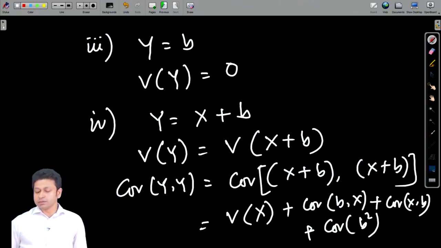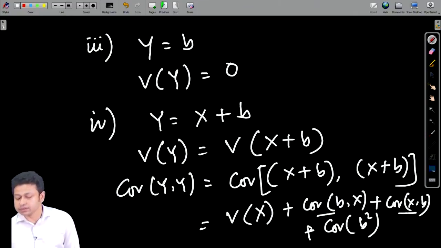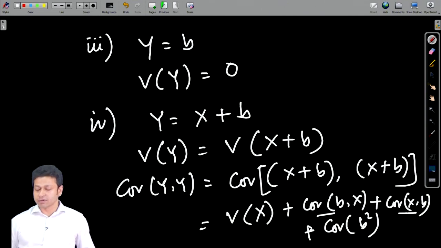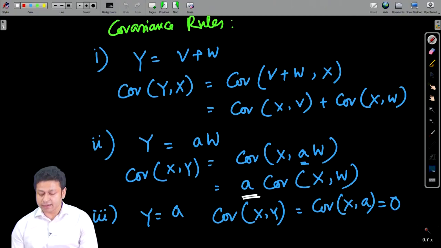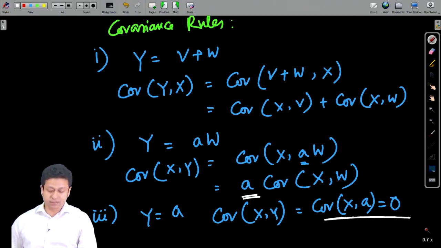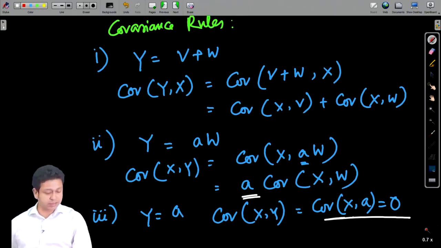Now, note that these two terms, cov of bx and cov of x b, from the rule here, the covariance of x with a constant term is actually 0.